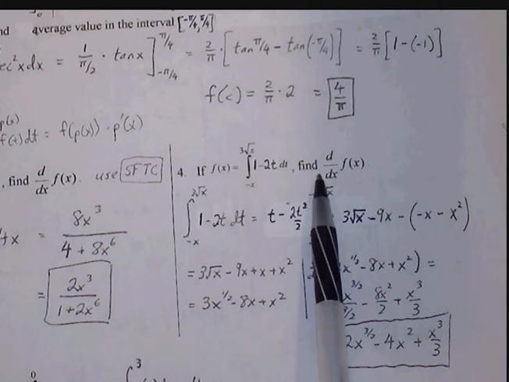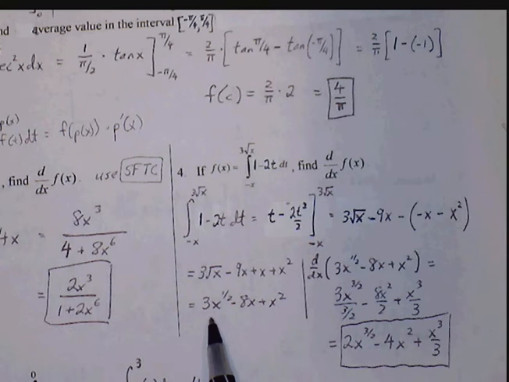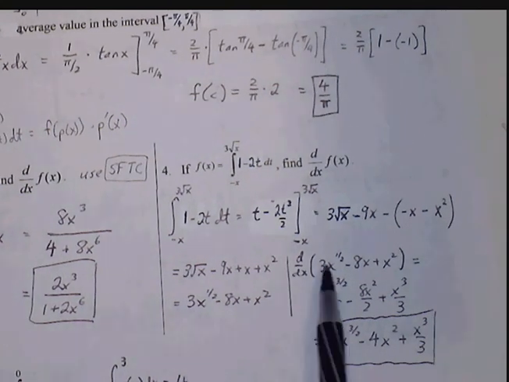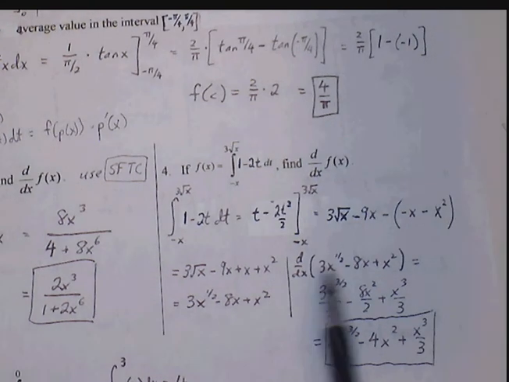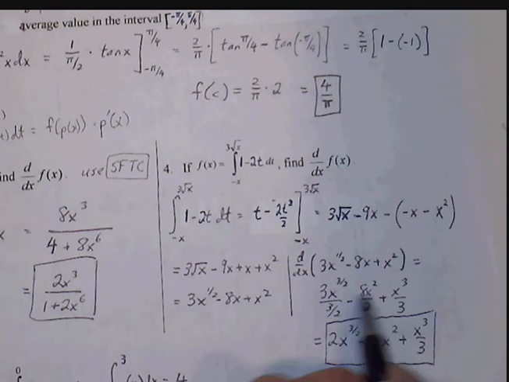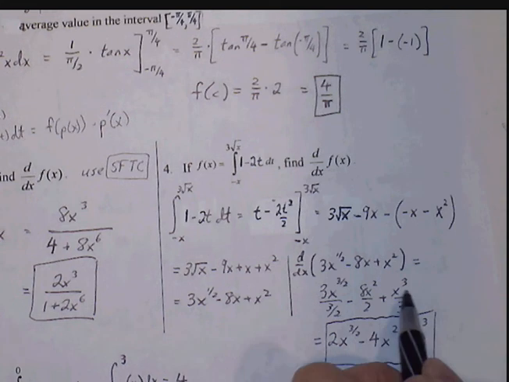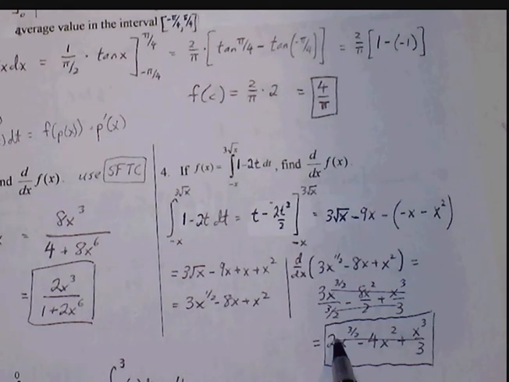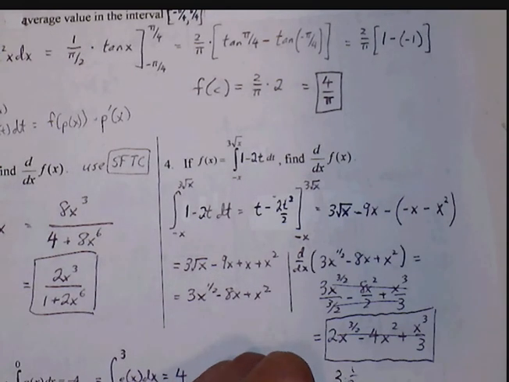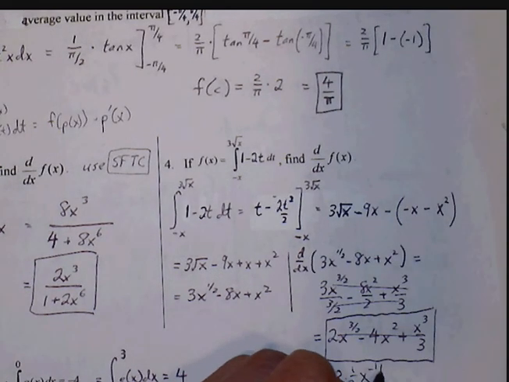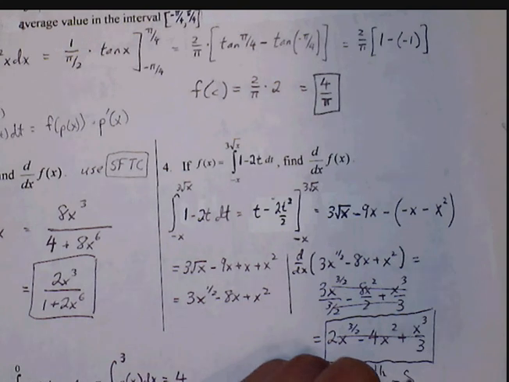derivative, so we go through the power rule for derivative. So 3x to the 1/2 becomes 3 times 1/2 x to the negative 1/2, minus 8 plus 2x.